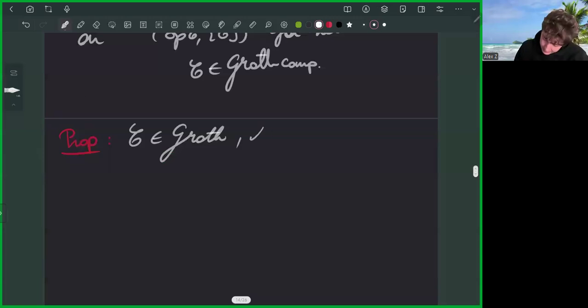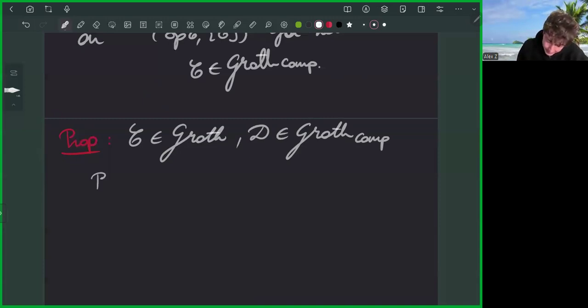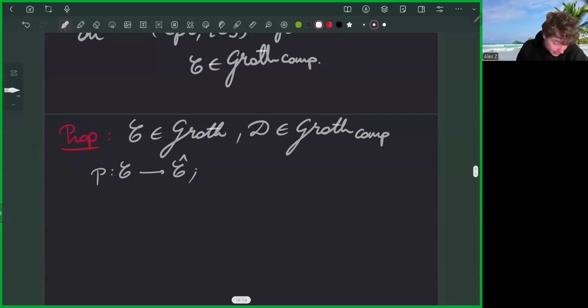Let C and D be objects, where D is an object in Groth comp. And let P denote this canonical functor into the completion of C. So this is the canonical map.